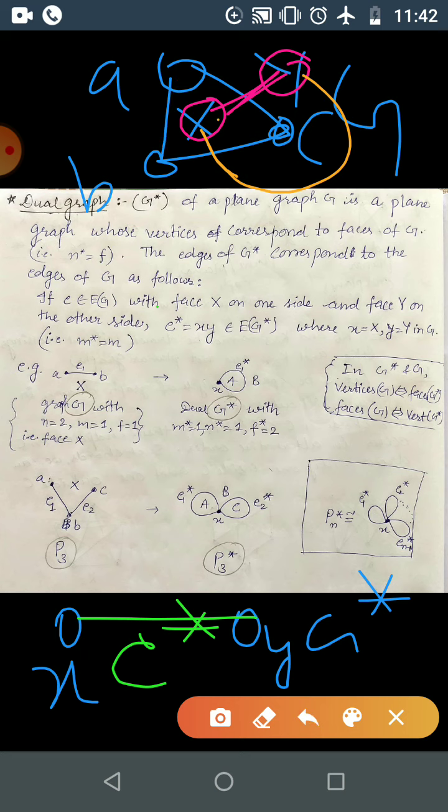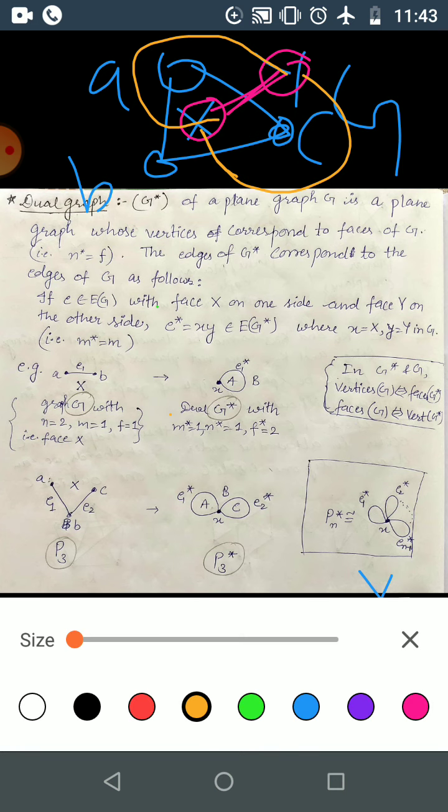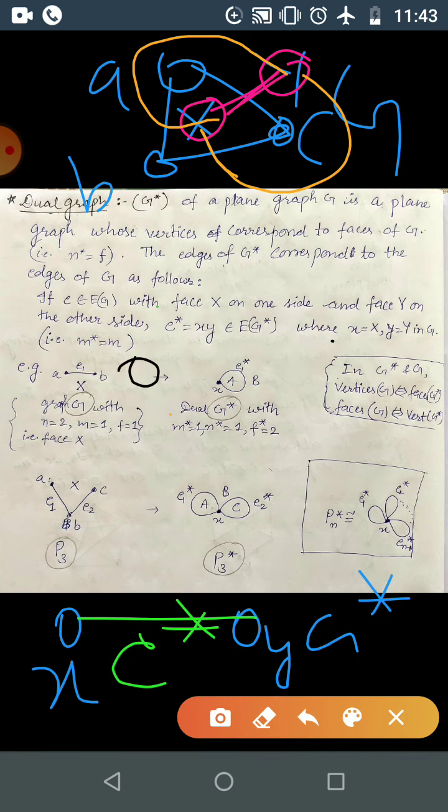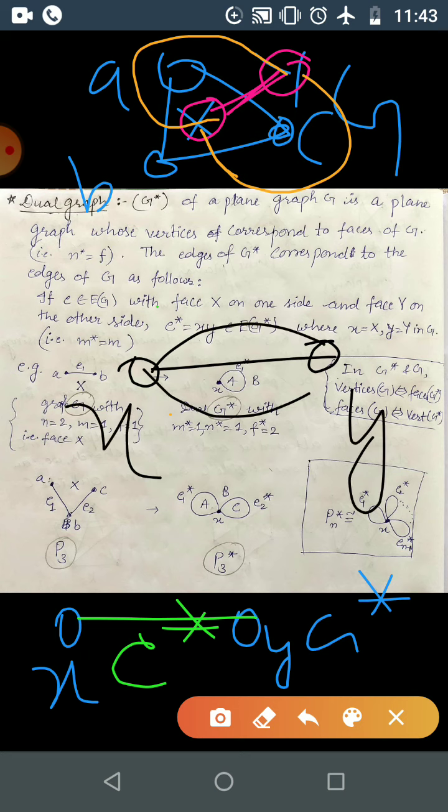So the dual in this case will have x and y with three edges: this is one edge, this is second, this is third.